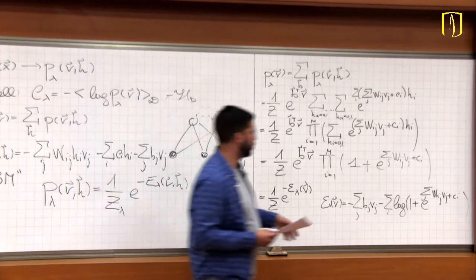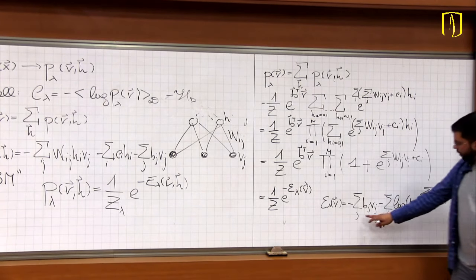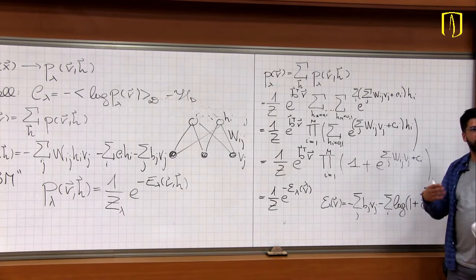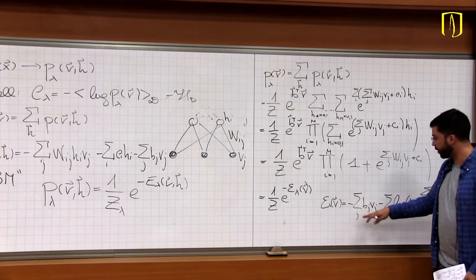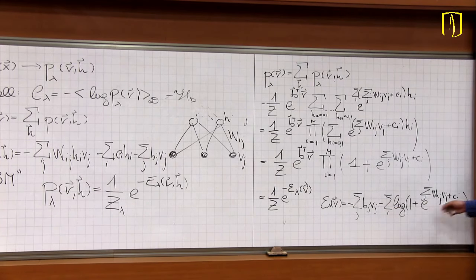But as you look at the energy of this Ising model, you see that it still has this term, which is kind of like a mean field, magnetic field for this variable V, and then it is log, okay? And this is the nonlinearity. This is how your model becomes expressive.